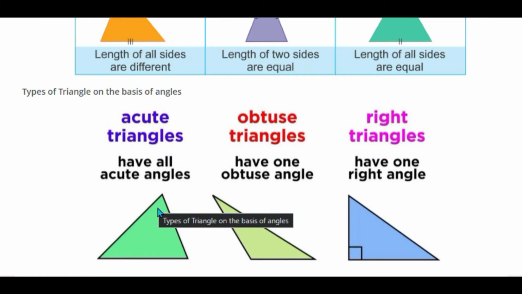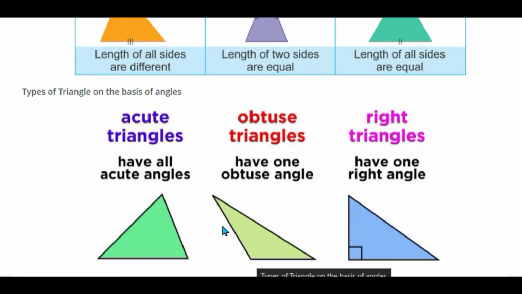So here the measure of this angle and this angle will be less than 90 degrees. Whereas in an obtuse triangle, one angle is obtuse, meaning greater than 90 and less than 180 degrees. Here you can see that this is going past 90 degrees. Okay, this is the imaginary line of 90 degrees, and it is going beyond it.